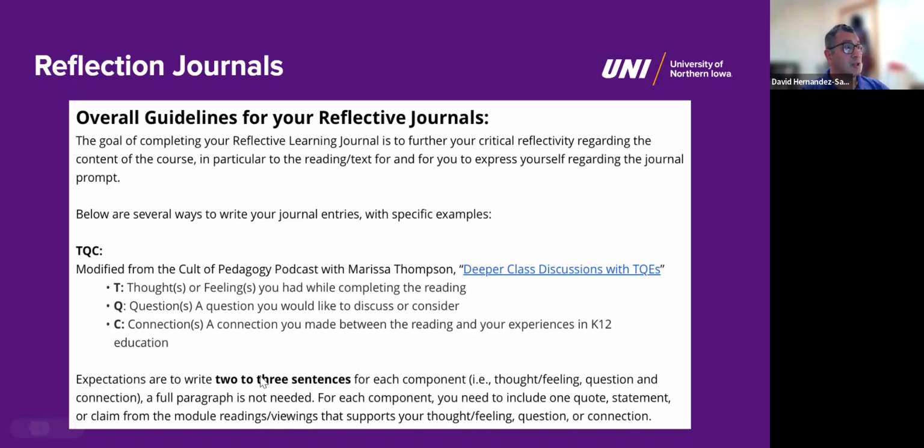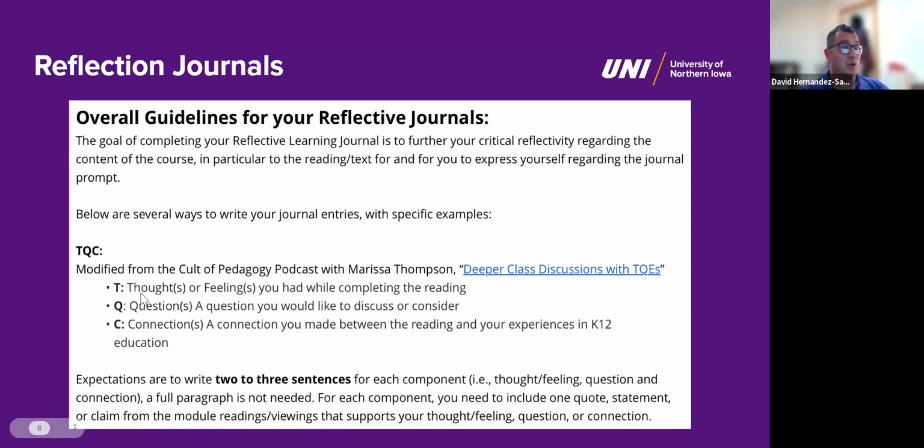Expectations are to write 2 to 3 sentences for each of the above components. If you choose to do the TQC, the thought, feeling, question, and connection, a full paragraph is not needed. For each component, you need to include one quote, however, a statement or a claim from the module reading or viewing that supports your thought, feeling, question, and connection.